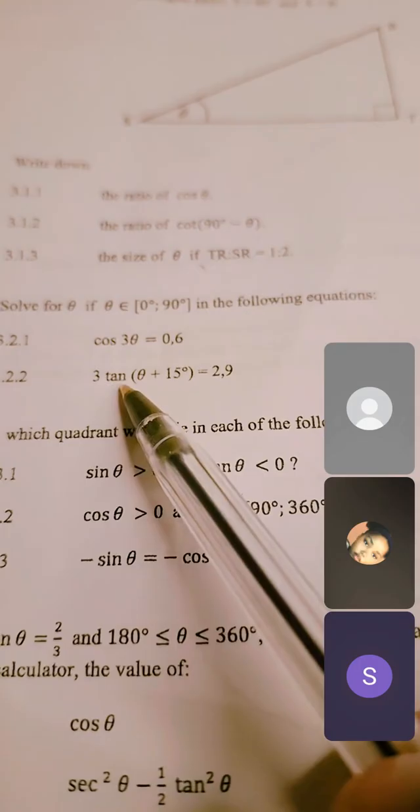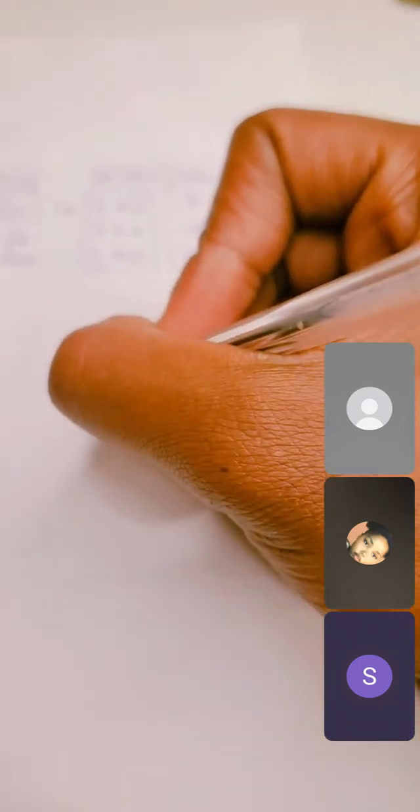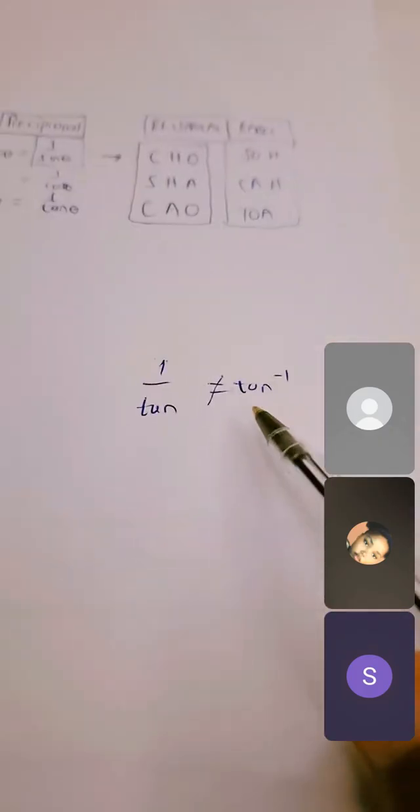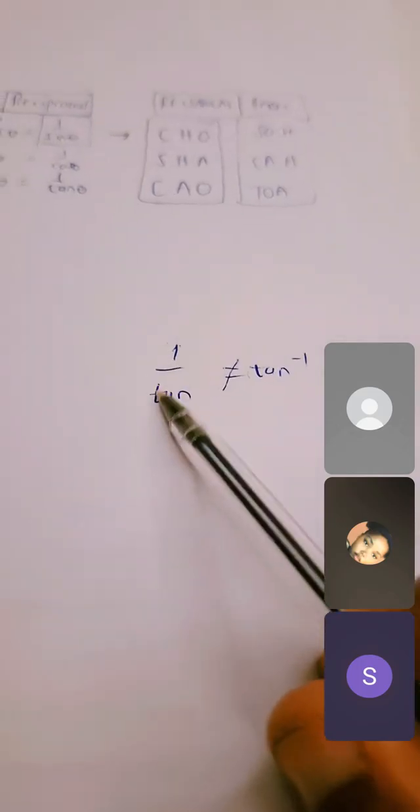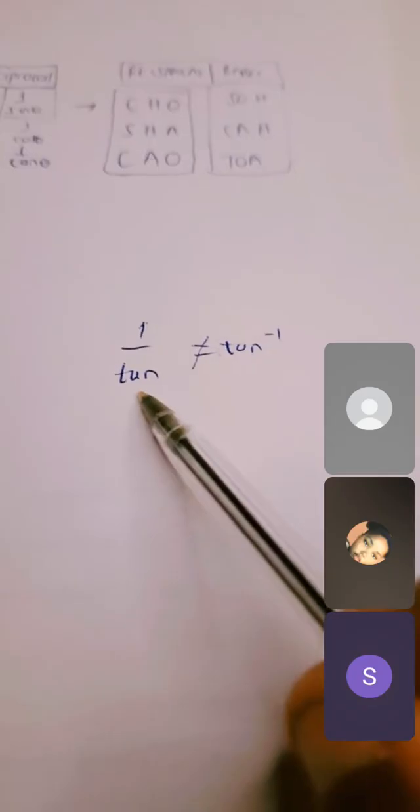There's something I also want to clarify. I think some of you think that 1 over tan is the same thing as the arc of tan. No, it's not, guys. This is not the same thing. So we don't divide by tan.